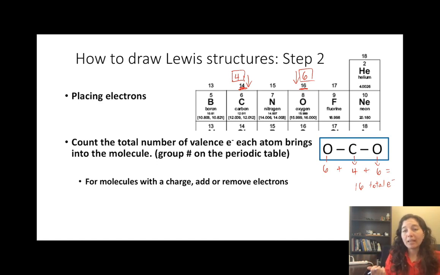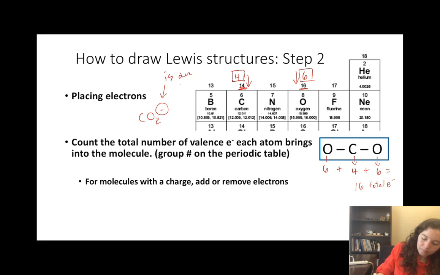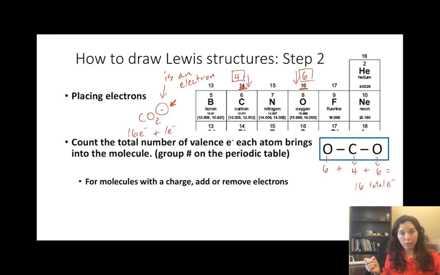Now, sometimes you may see charged molecules. You might see CO2 minus. This minus here is an electron. So in the scenario where you had CO2 minus, you'd have 16 electrons plus 1 more extra electron that comes from this charge, so this one would be 17 total. If you see a plus charge, we do the opposite.